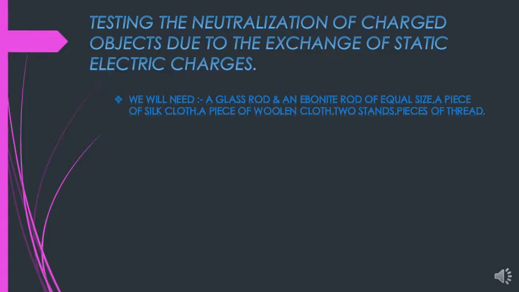Now let's do an activity. Testing the neutralization of charged objects due to the exchange of static electric charges. To do this activity, we will need a glass rod and an ebonite rod of equal size, a piece of silk cloth, a piece of woolen cloth, two stands, and pieces of thread.